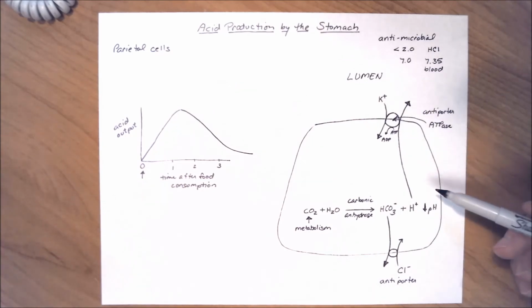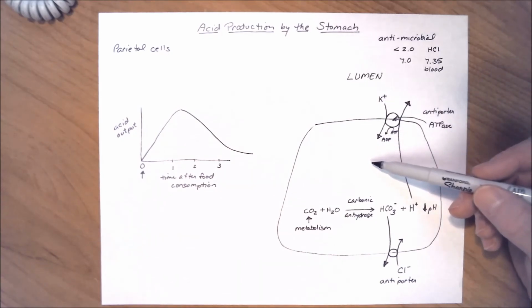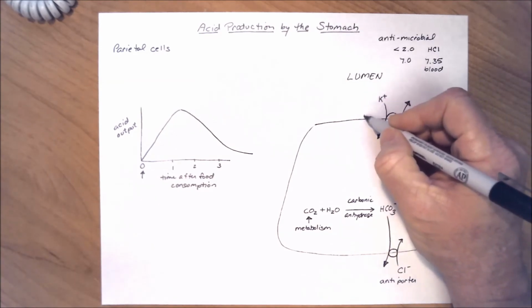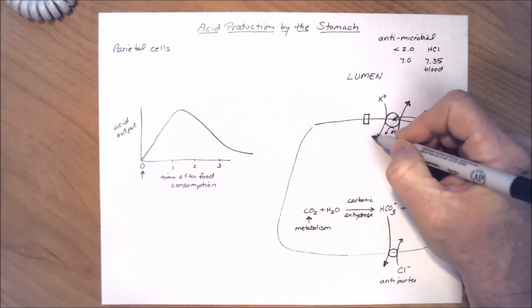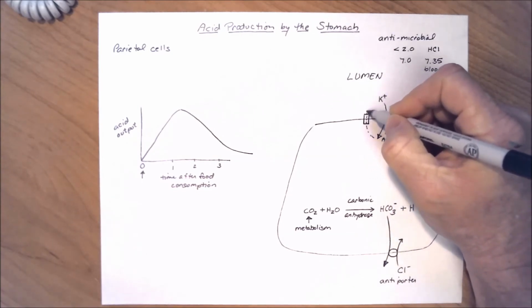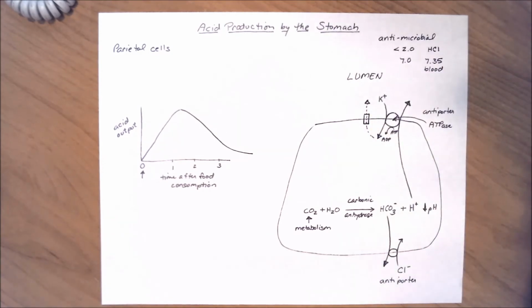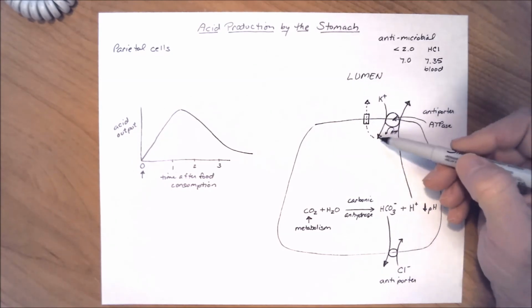Now, technically, so much potassium could come in here inside the cell that we could block the function of this transporter because of that gradient. So what we're going to do is put in a potassium channel. This channel is not a gated channel. It is specific for potassium, and it responds to the gradient of potassium.